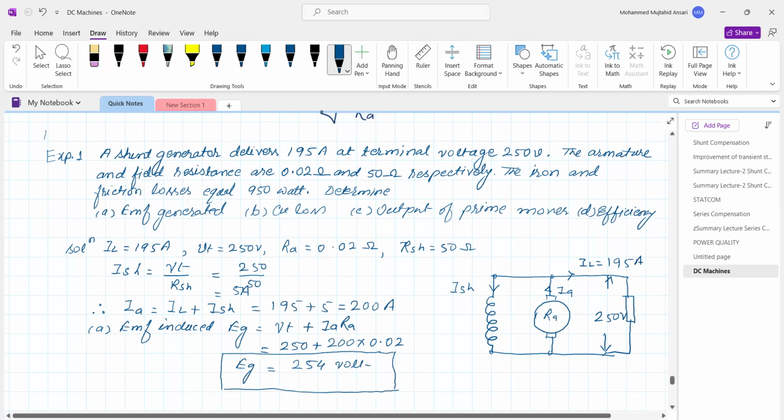Now what is the next? Next is the copper losses. So where are the copper losses? The copper losses are going to take place in the armature winding and the field winding.